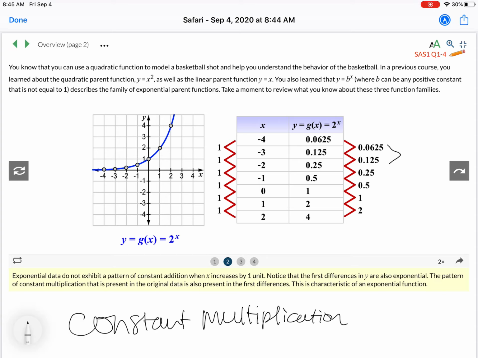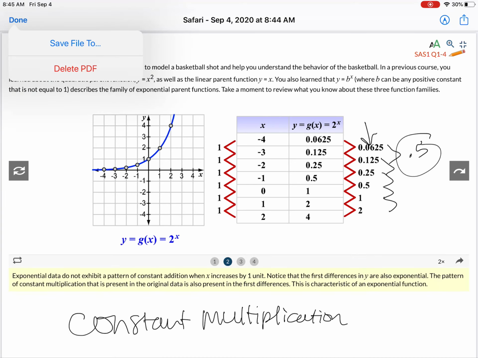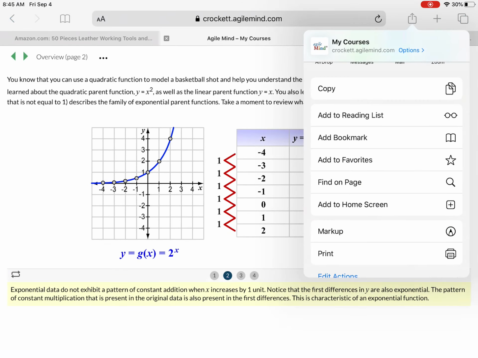Okay, so every time it is going by a half. So if I say 0.0625 divided by 0.125, I'm going to get 0.5, okay? Or I can say 0.125 times 0.5 and get 0.0625. So either way, it works.